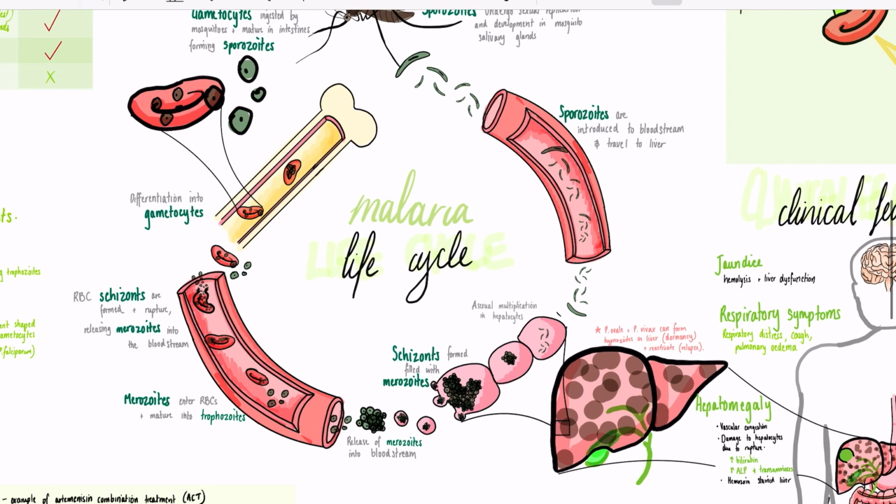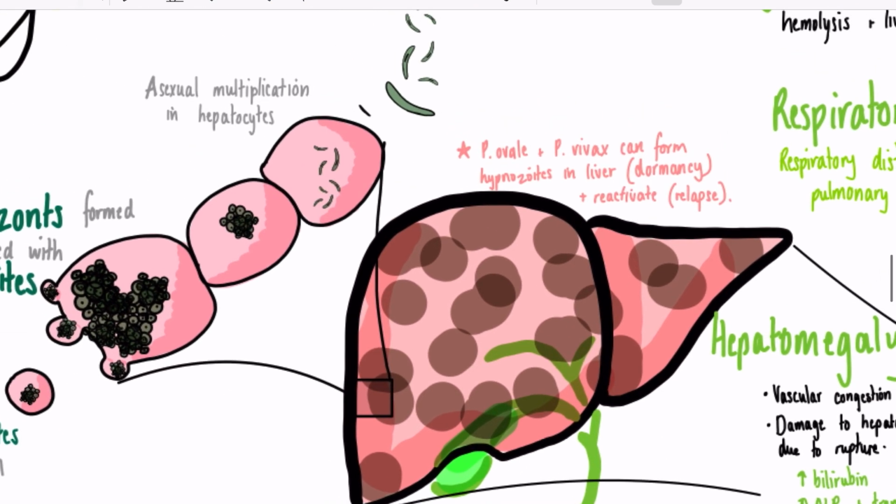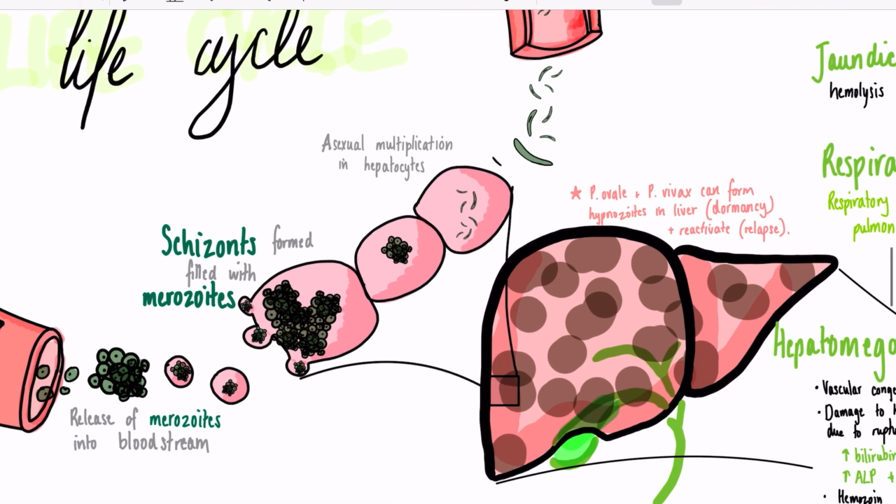Alright, now I'm going to zoom in on this part, the exoerythrocytic stage, which involves the liver. There are two types of Plasmodium that can actually form hypnozoites in the liver, which is the dormant form of the Plasmodium.